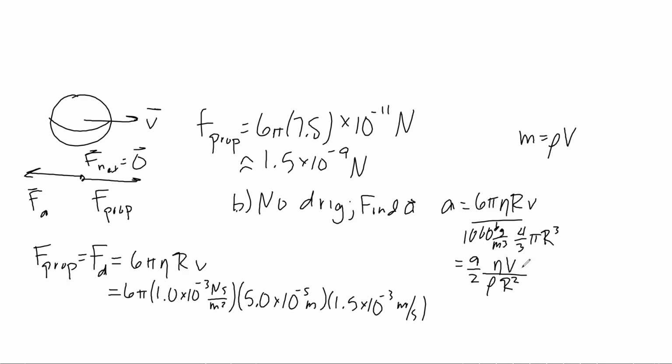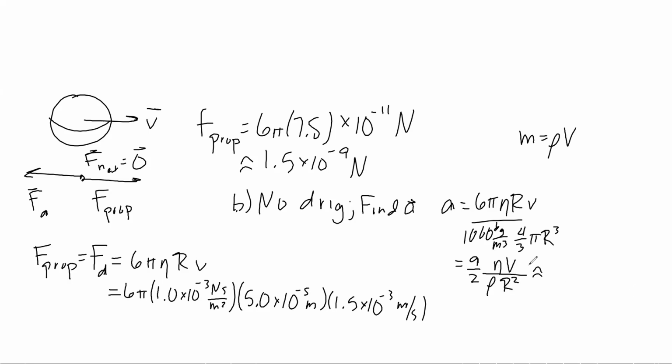And the point of this question is to see what those accelerations would be. You might surprise yourself. I mean, not even counting the 9/2, which is kind of like 5. How big is this?